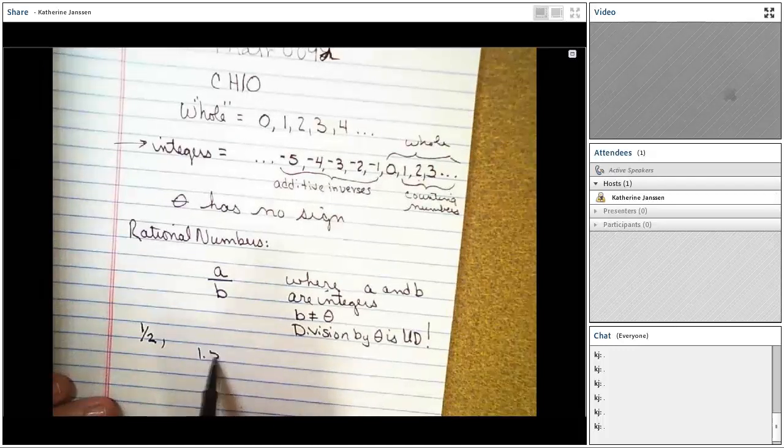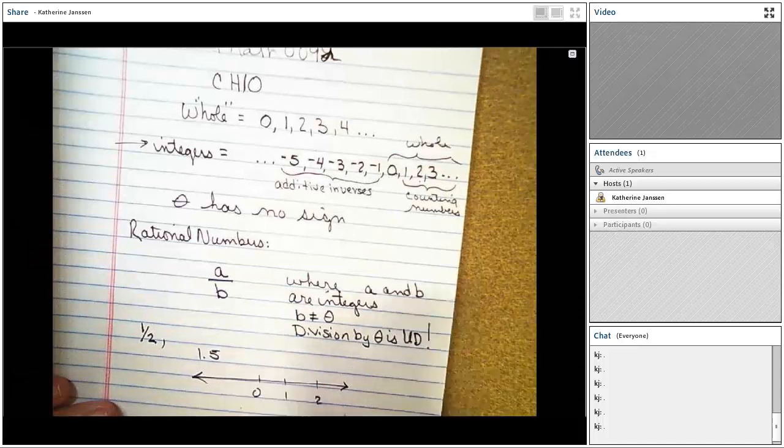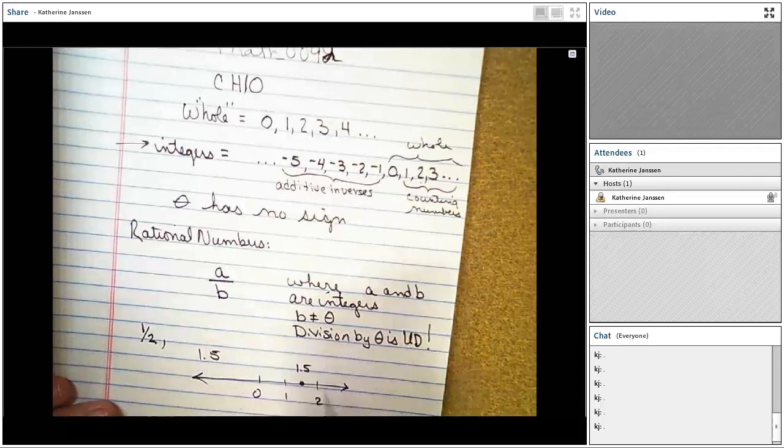1.5. Let's see, 1.5 is, well, let's look at our number line here. 1.5 would be right about here. About 1.5.